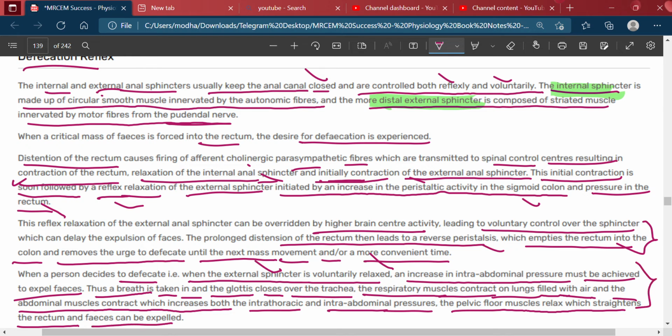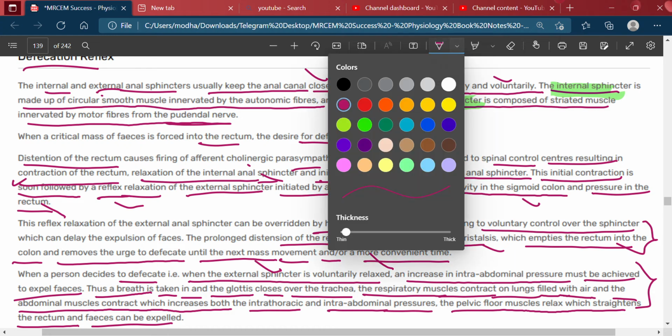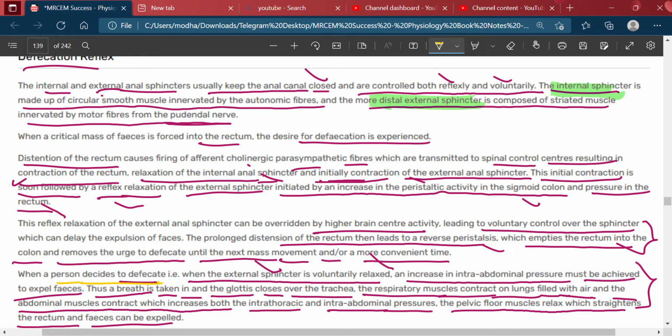So what occurred in this? When the person decides to defecate, the external sphincter is voluntarily relaxed. An increase in intra-abdominal pressure must be achieved to expel the feces. So for that, what happens?